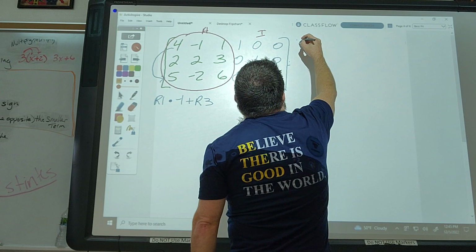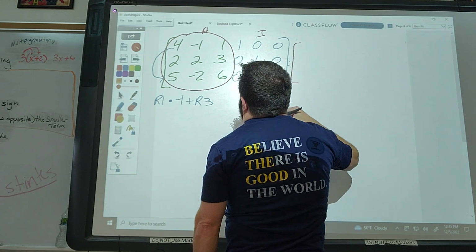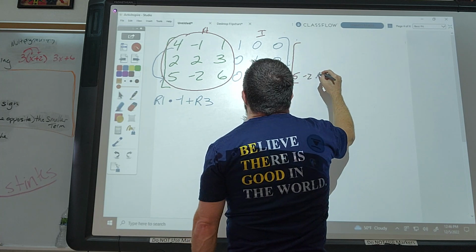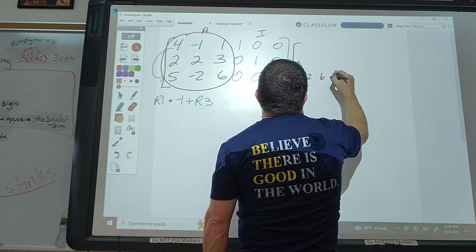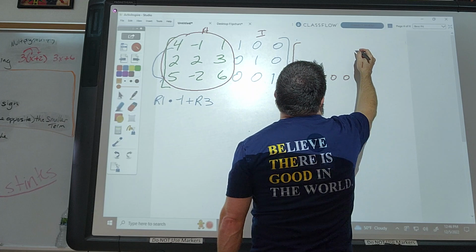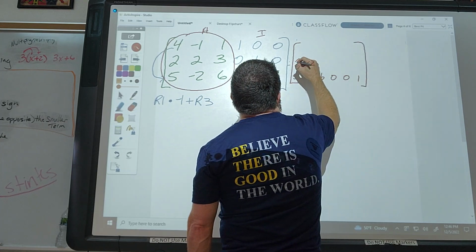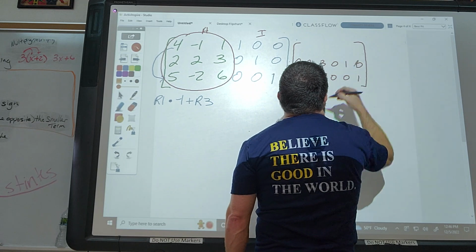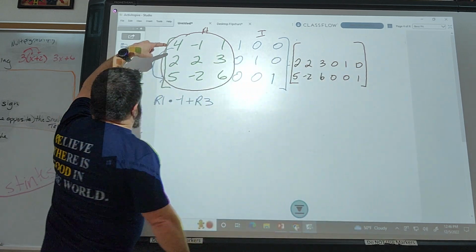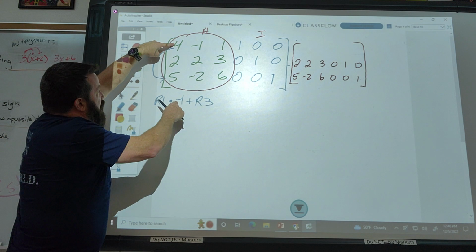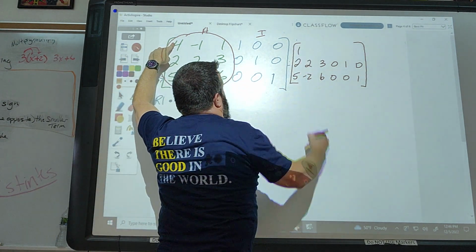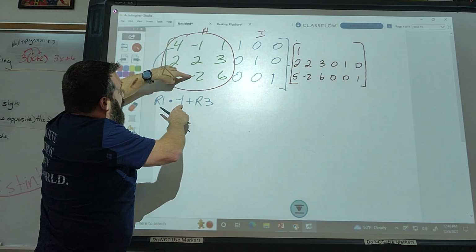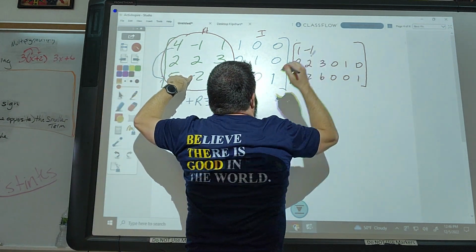Okay? So I know I wrote this kind of big, so I'm going to try to write a little smaller. But the bottom row, 5, -2, 6, 0, 0, 1, that's not going to change. The 2, 2, 3, 0, 1, 0, that's not going to change. But I'm going to take 4 times -1 and add it to 5, and I get a +1. I'm going to take -1 times -1, that's 1, added to -2 is a -1, I think.